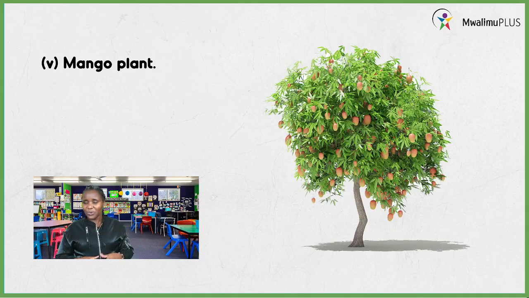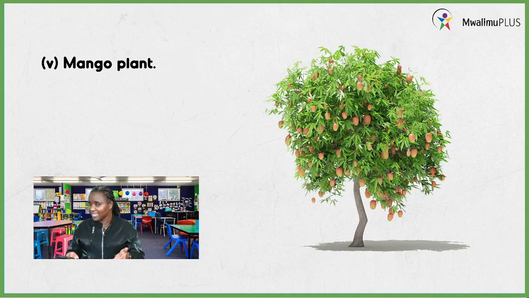Well, we have another plant there. These are fruits we like taking. Mango plant. Look at it. Wow. Look at the mangoes. That is how a mango plant looks like.